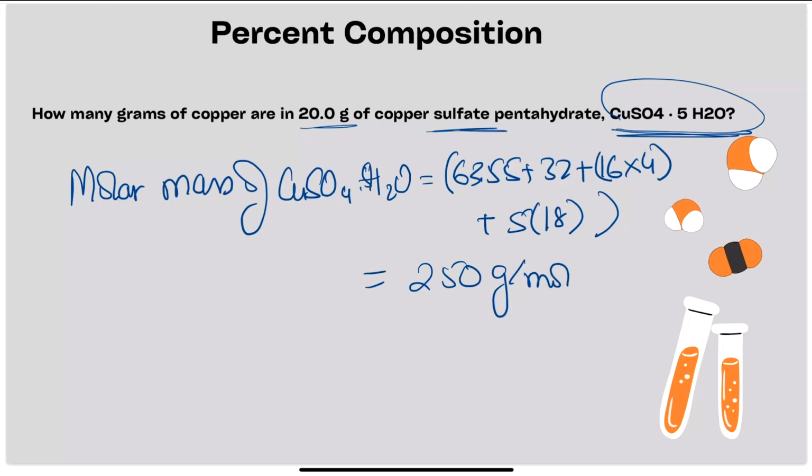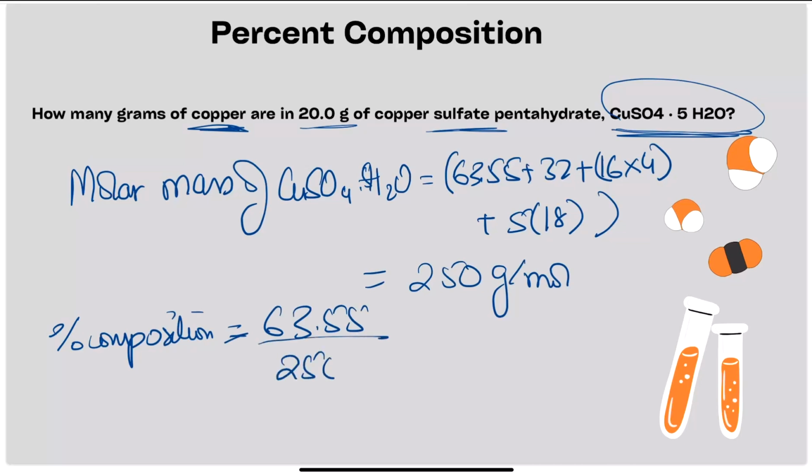You have to find how much copper is in 20 grams. So percent composition is basically your element over your total molar mass. So that's going to be 63.55, which is your molar mass of copper, over your total molar mass, which is 250, times 100.